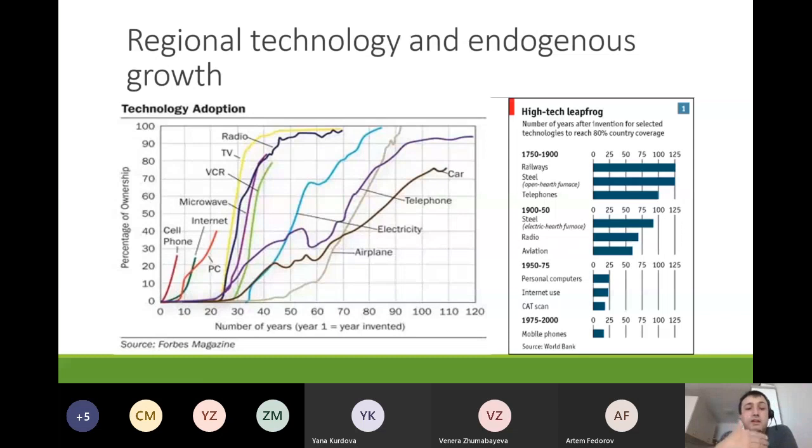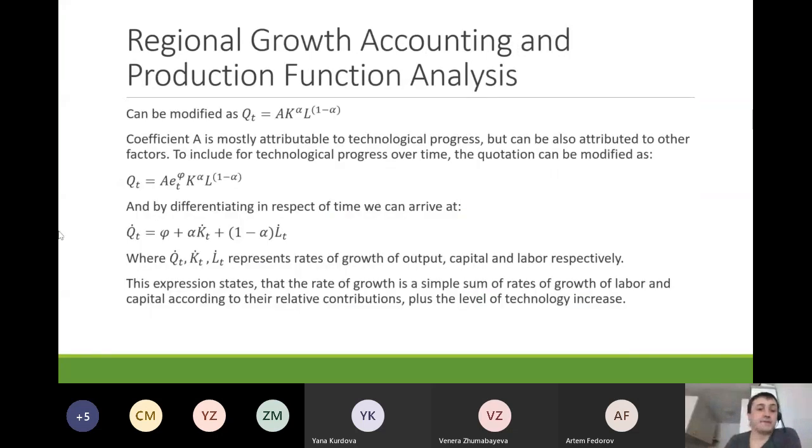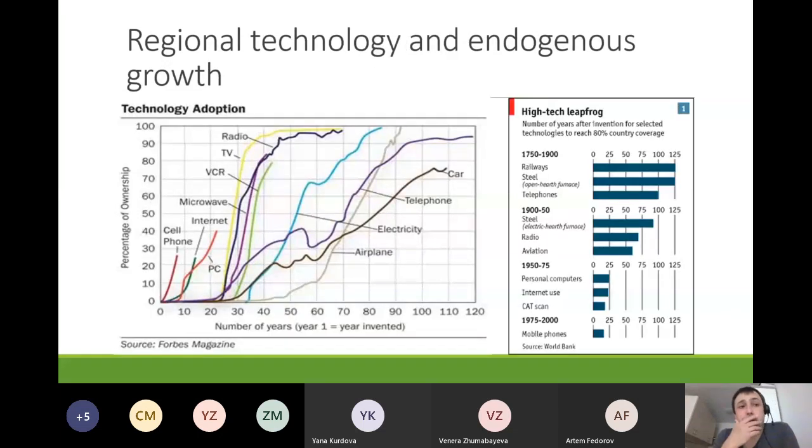Now I want to speak a little bit about the biggest prize in economics, which is technology. The A, which is here in this function. That means how we do stuff, because if you look at how economies differ from one another, what is actually the reason why some countries are rich and some of them are poor?